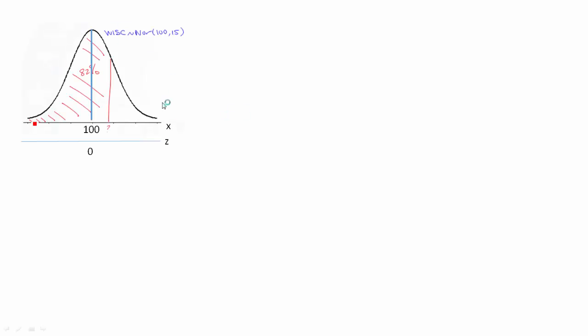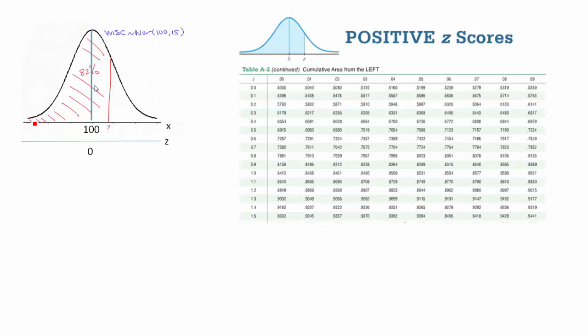So here's our picture again, and this time we're going to go to our table, and in our tables we're going to find 82% or get as close as we can to 82%. In this case, we're given the area under the curve, and as you recall, these values represent the area under the curve. Therefore, we're going to look for 0.82, and you'll see that 0.82 is actually between these two values, 0.8186 and 0.8212.